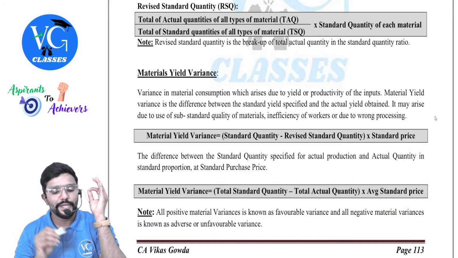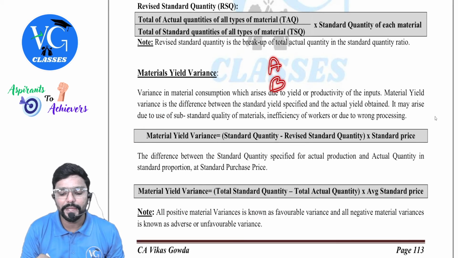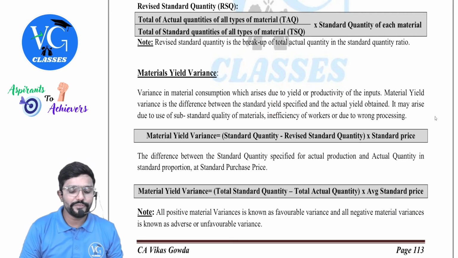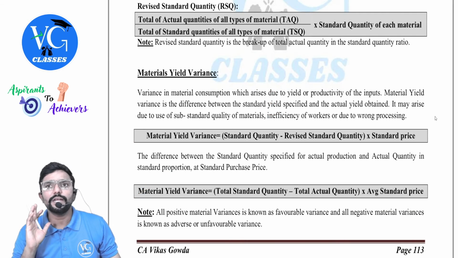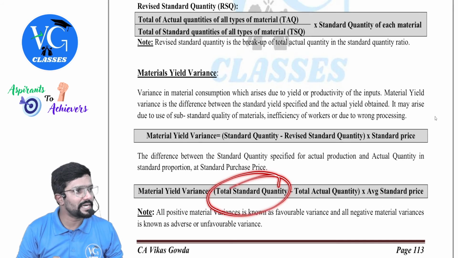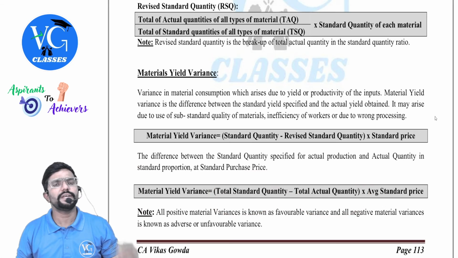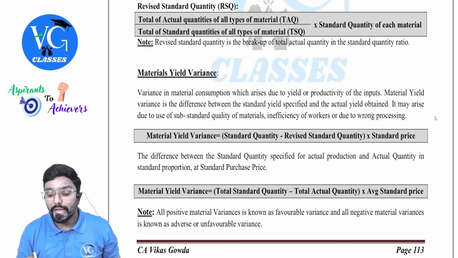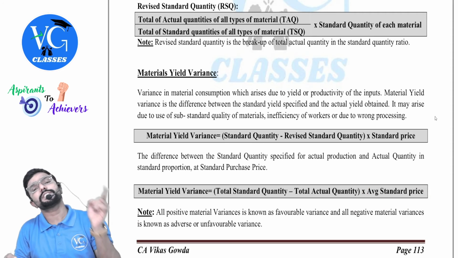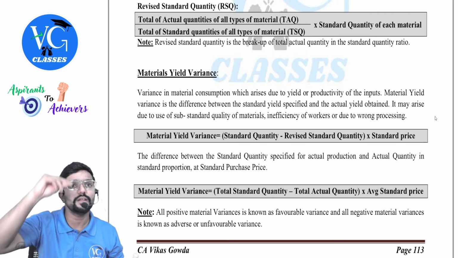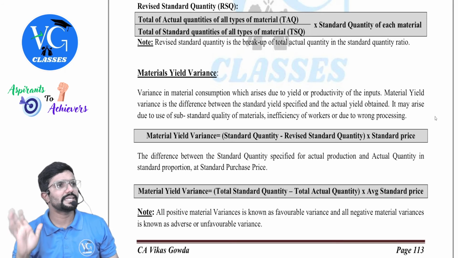If you are using the first formula, you can calculate for each of A, B, C, whereas with this one you can calculate overall only. Total standard quantity, all three put together, minus total actual quantity, all three put together, into average standard price. Not standard price, average standard price. On an average, what is the standard price?